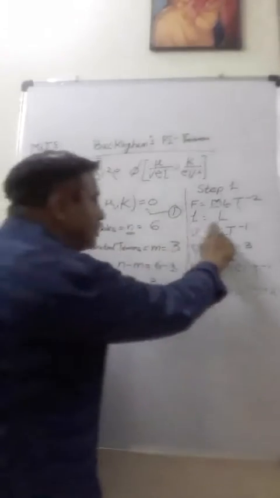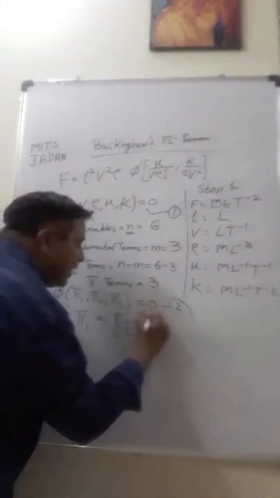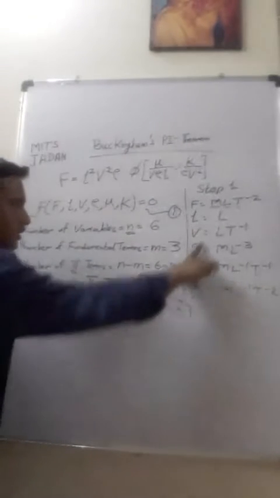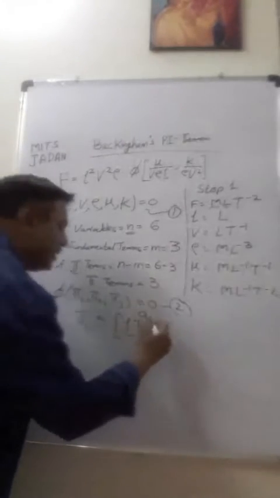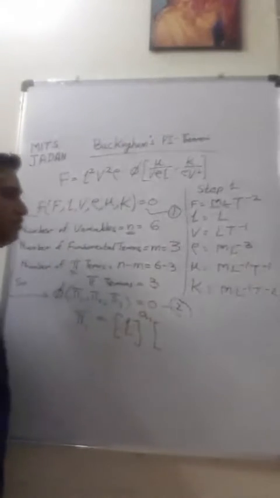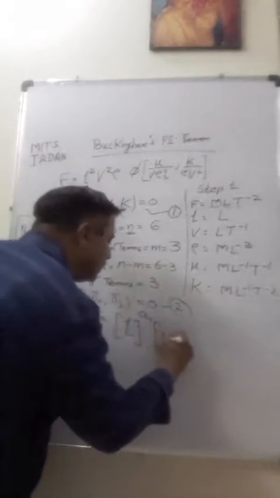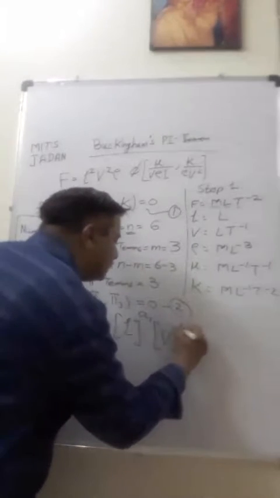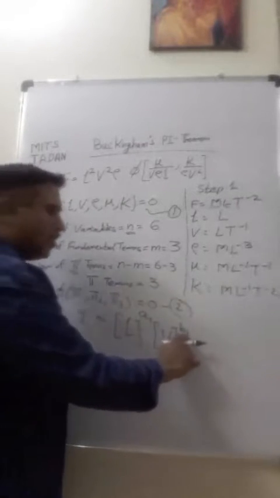Okay. So now I am selecting one geometrical parameter, length L, raised to the power A1. This is my first parameter. Second, I am taking the velocity. This is the flow parameter, and I am raising it to the power B1.